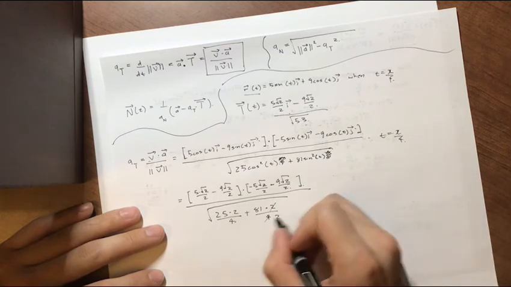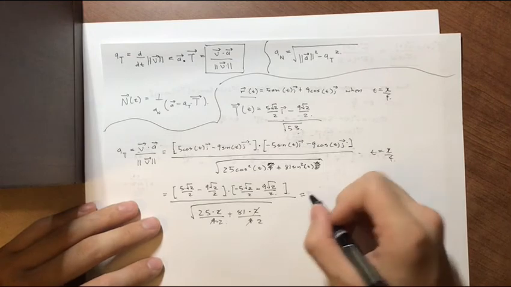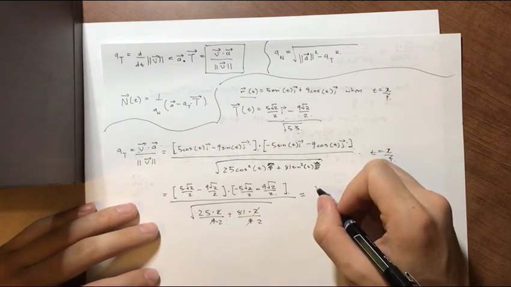You could cancel these out, so the denominator is 2. And simplified, the tangential component would look like this.